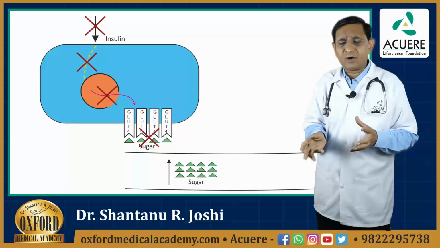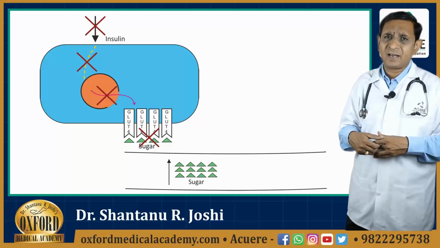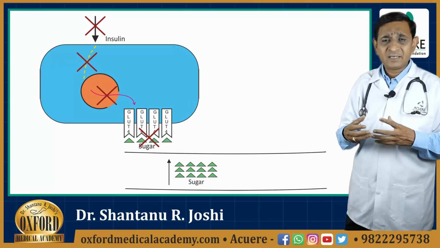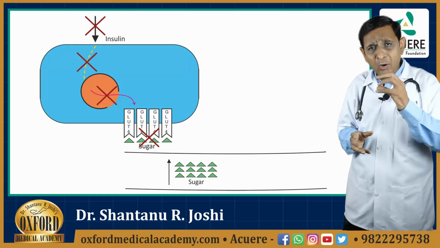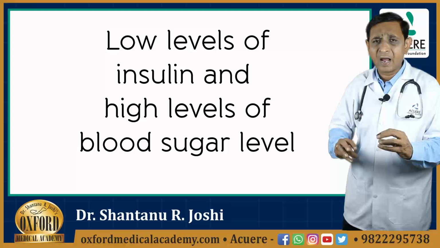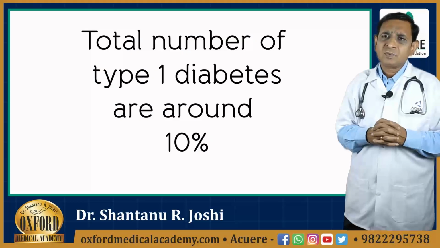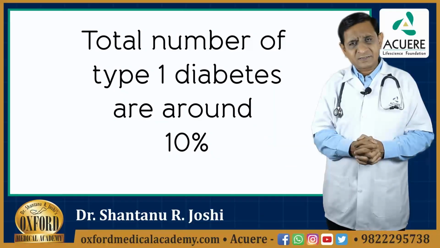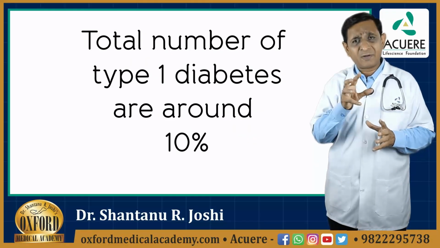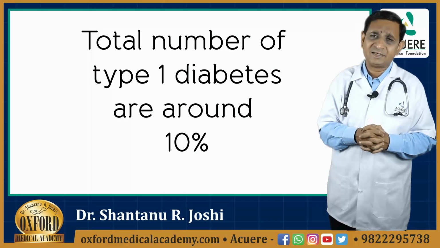Naturally, when insulin is not available, the entry of sugar will not take place and the blood sugar level will rise. The patient will have low levels of insulin and high blood sugar. Among total diabetes patients, type 1 patients are generally around 10%.